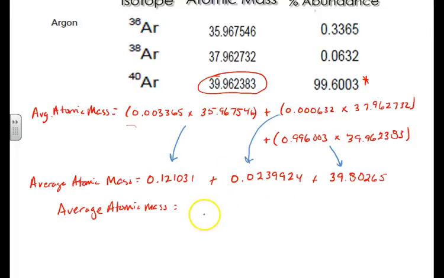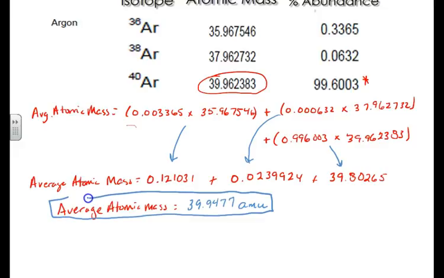We then add the three together, and we end up with 39.947. I'm going to stop it there, 39.9477, and probably AMUs. And that would be the final answer. So not a difficult calculation, but they can get to be rather lengthy.